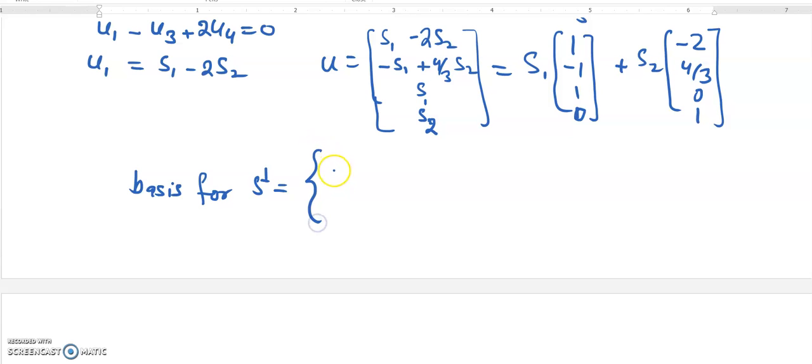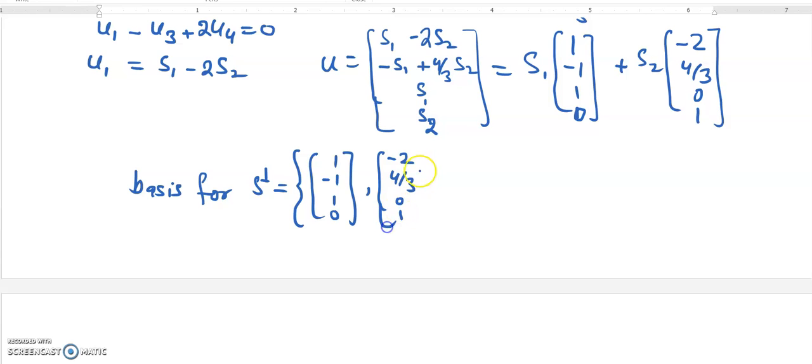So the set is 1, minus 1, 1, 0 and minus 2, 4 thirds, 0, 1.